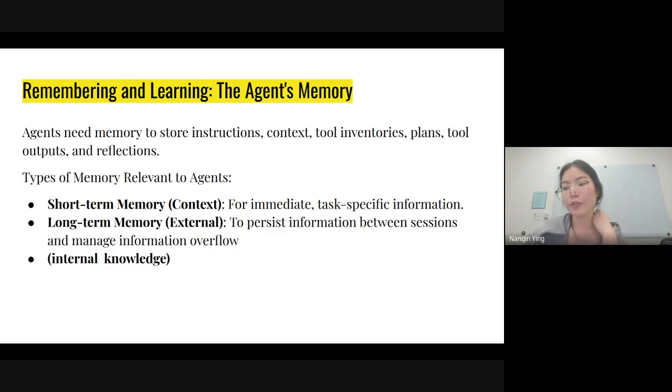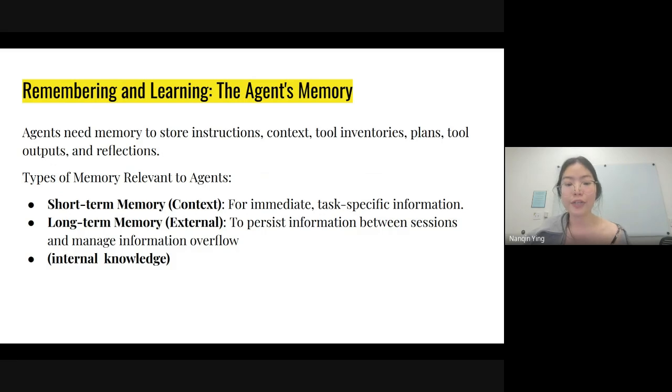So for example, if you have an AI assistant, the long-term memory could store your preferences and allow it to personalize its actions with you. For the context, that part is more like the immediate, task-specific information. Like if you want to solve this problem, to do the planning, to execute the plan, you have to use that short-term memory.